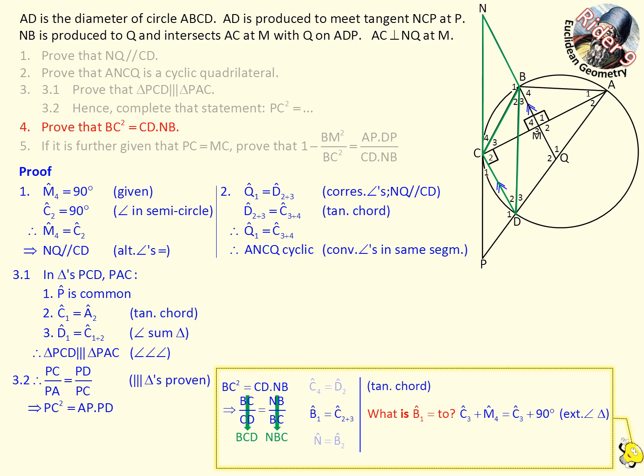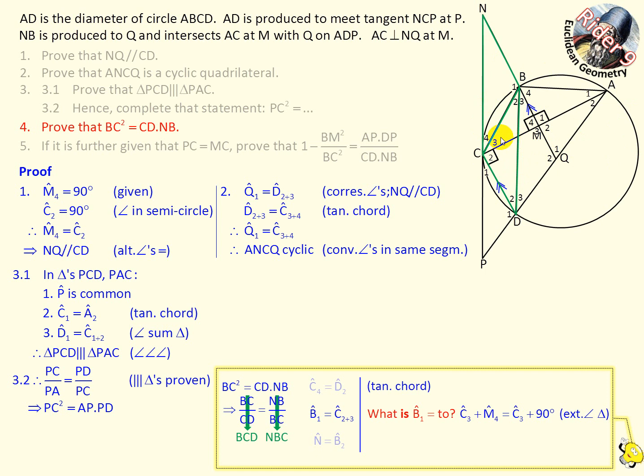Did you see that little trick? I'm very careless. So I had C3 plus C4. Now it's become M4. Magic's magic. So B1 equals C3 plus M4 because it's the exterior angle of triangle MBC. It's MB produced. And that means it's equal to C3 plus 90 degrees.